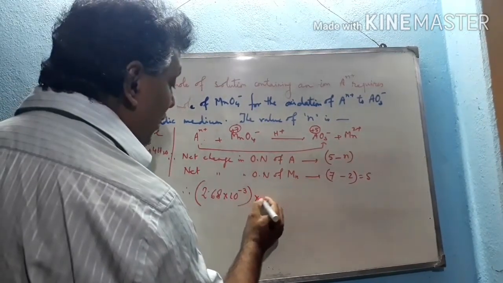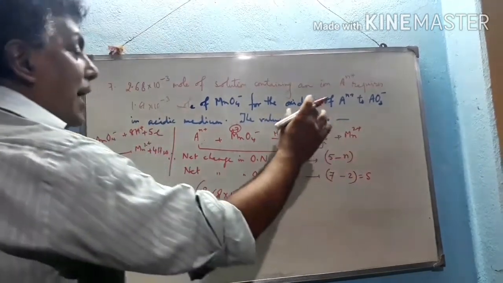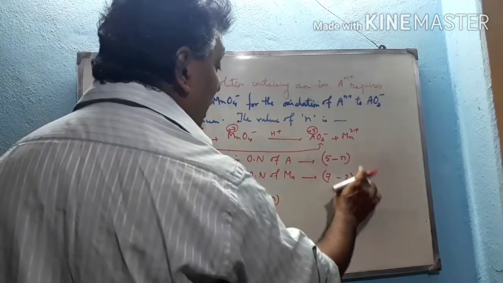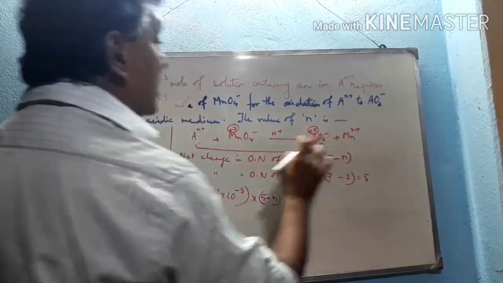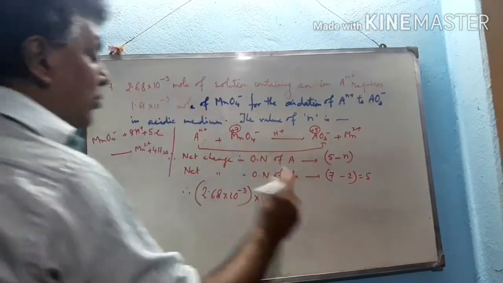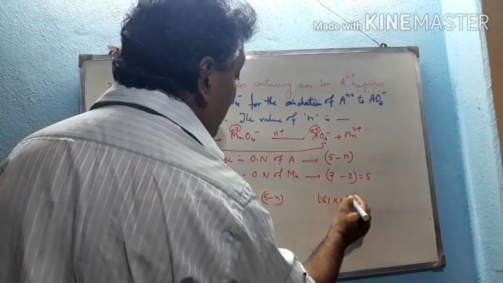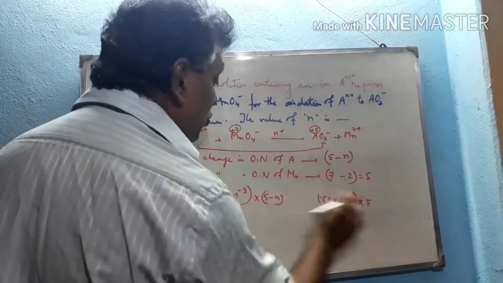So the total number of electrons transferred will be this into 5 minus n mole. And on the right-hand side, that is permanganate, the total number of electrons transferred per mole of permanganate anion is 5 moles. We have required 1.61 into 10 to the power minus 3 into 5 moles of total electron transfer. So these two will be equal.